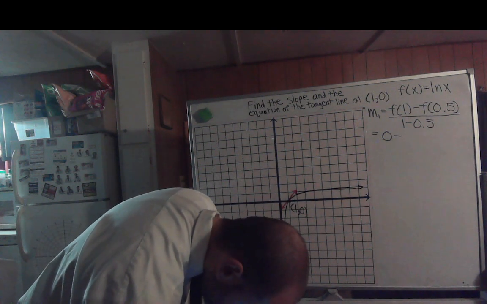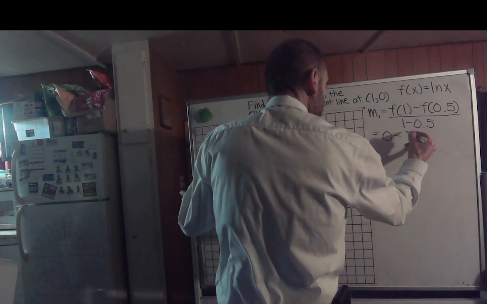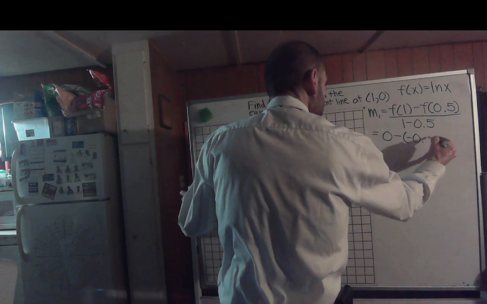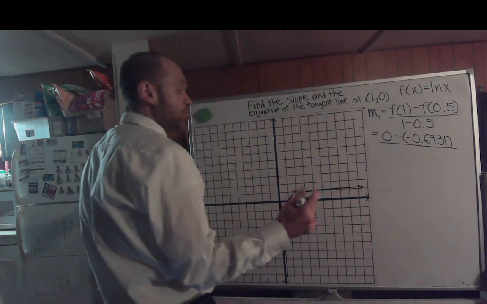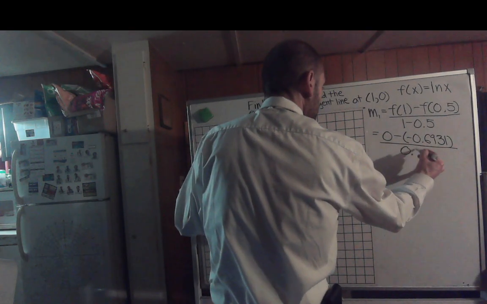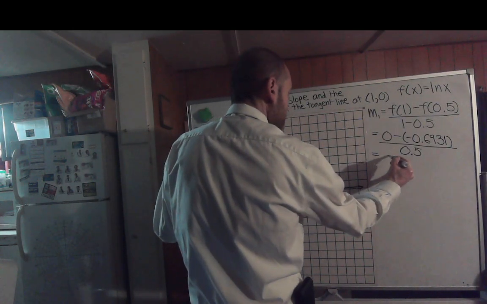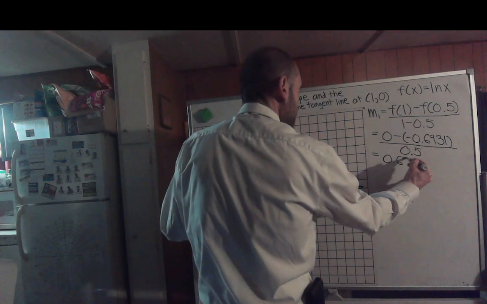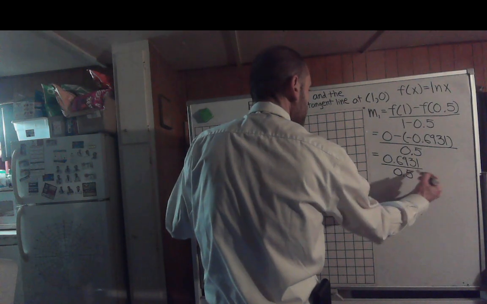Let's do 4 decimal places. So that's about negative 0.6931. Divide all that by 1 minus 0.5, that's 0.5. So you're subtracting a negative in the numerator, you would end up getting 0.6931 divided by 0.5.